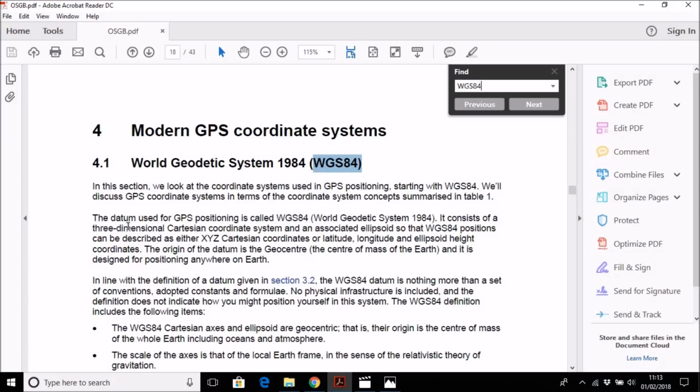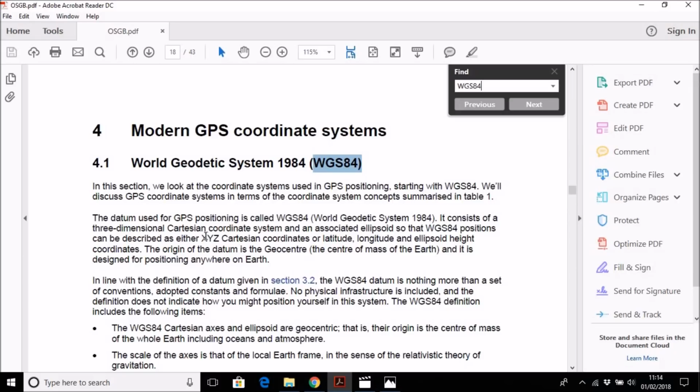The datum used for GPS positioning is called WGS84. So it's a datum. It's effectively an ellipsoid, if you like, that is centered upon the center of mass of the Earth.